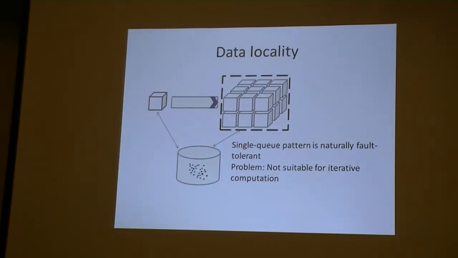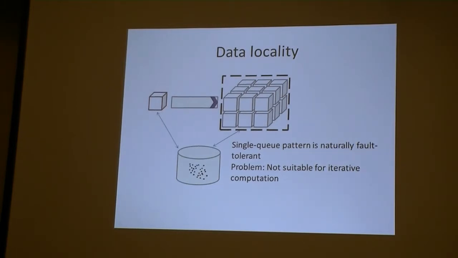So here, the conventional method of building a typical cloud application is a single queue architecture, where a master communicates with a pool of interchangeable workers by using a single queue, onto which it loads a bunch of tasks, and from which all the workers collectively dequeue and process the data.